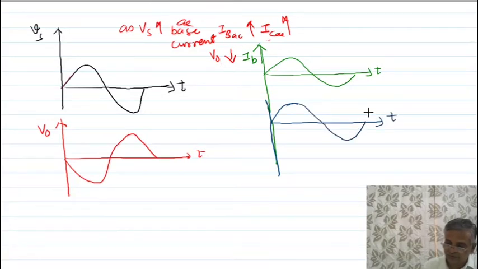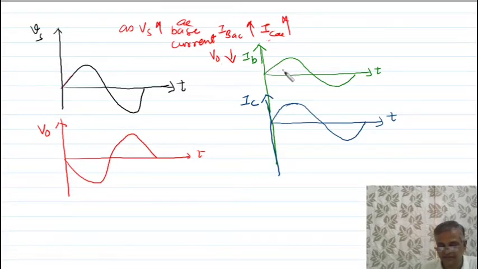So this is the graph of base current versus time. This is the graph of collector current versus time. What does this discussion show? Look again. As base current increases, collector current increases.